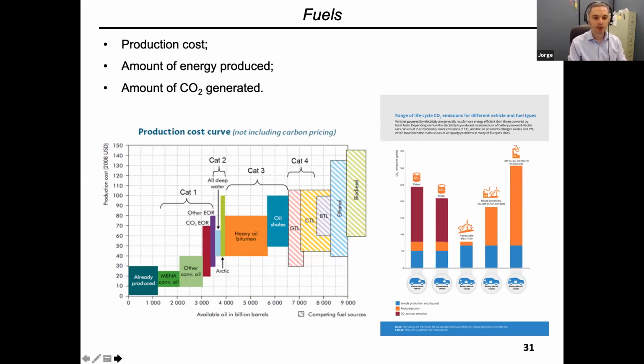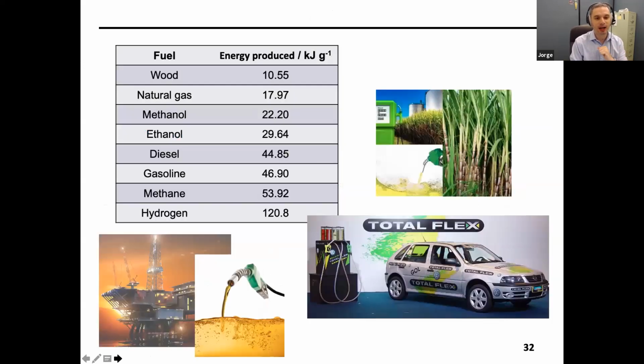All right. So now let's take a look at the amount of energy produced by different fuel sources. So we have here a list of different fuels and the energy produced in kilojoules per gram of fuel that is burned. So wood doesn't produce a lot of energy, so very inefficient fuel.